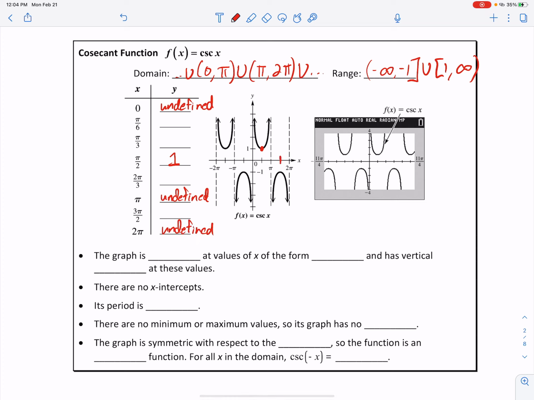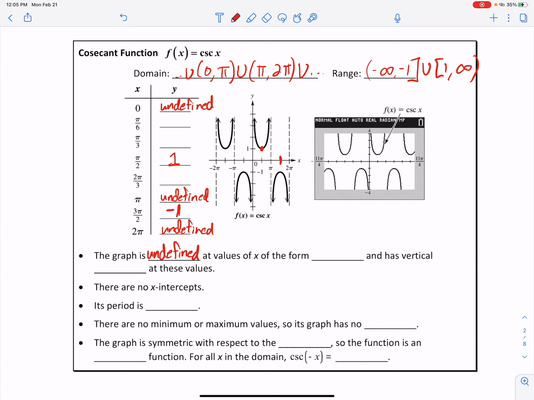Three pi over 2 is right here, at -1. So we really just need the values around it. With graphing these things, it's not important, so we're going to leave those blank, also for the sake of time, because I'm running out. The graph is undefined, same thing.